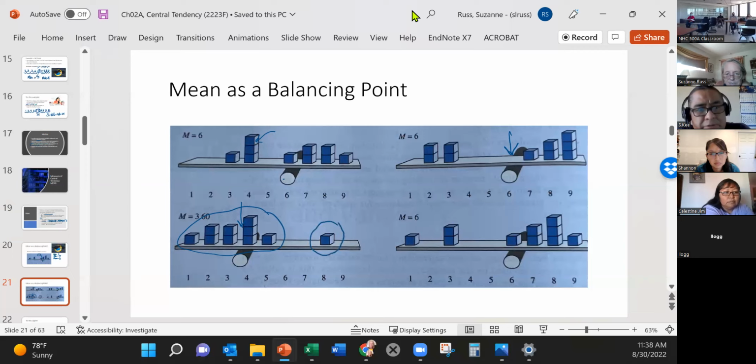This right here, this block that's way outside the others in the data set, this is called an outlier. It's a number that falls outside the rest of the data. In this data set, I might say that all three of these are outliers.